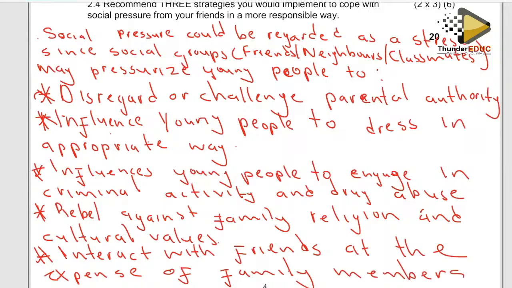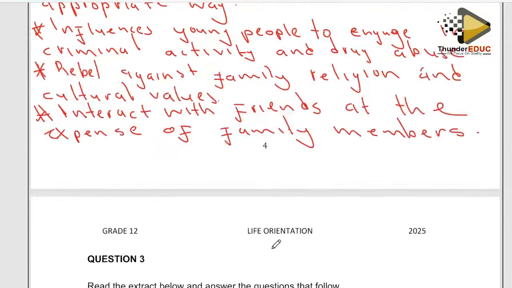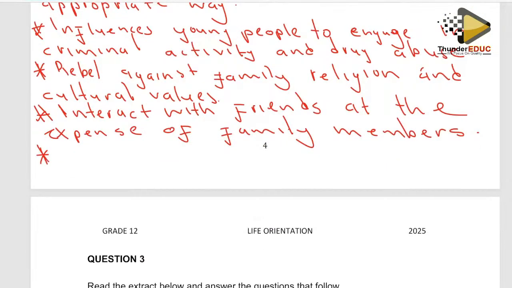So it might influence young people to interact with their friends at the expense of family members. Then in addition to that, social pressure can also result in conflict in the household. It can also result in conflict in the household.